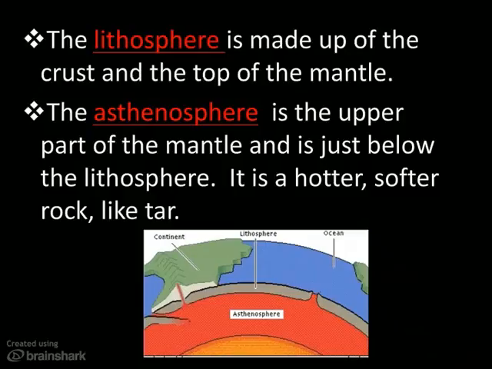And remember how I was talking about, when we were talking about the mantle, how as you go closer to the center of Earth, that mantle gets softer. And that's part of the asthenosphere, excuse me. So the asthenosphere is kind of hotter and softer, and it's like that tar that we were talking about before.